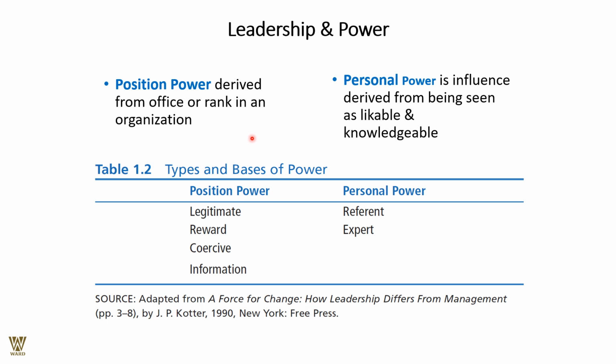So we have two different powers based on position and personal. The bases of position power are legitimate, reward, coercive, and information, whereas personal power is ascribed only to expert and referent.